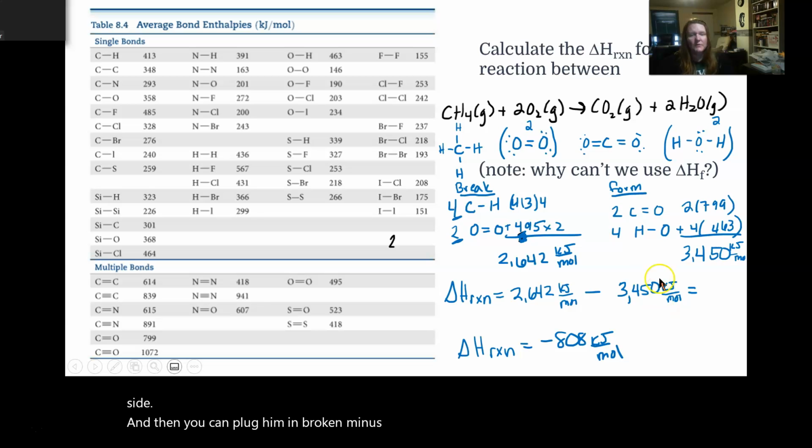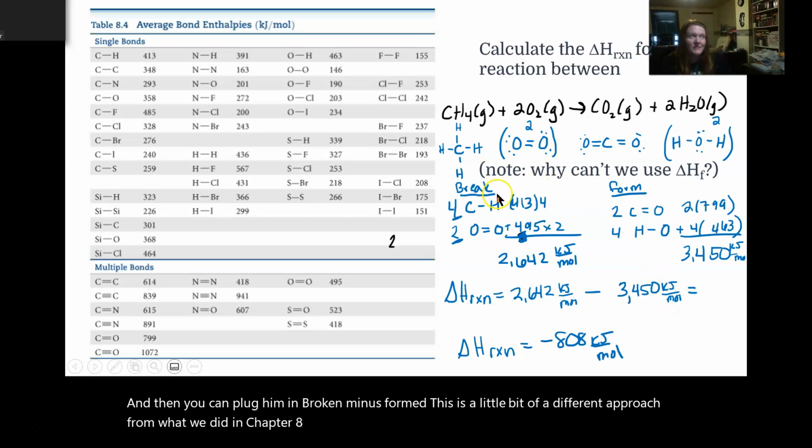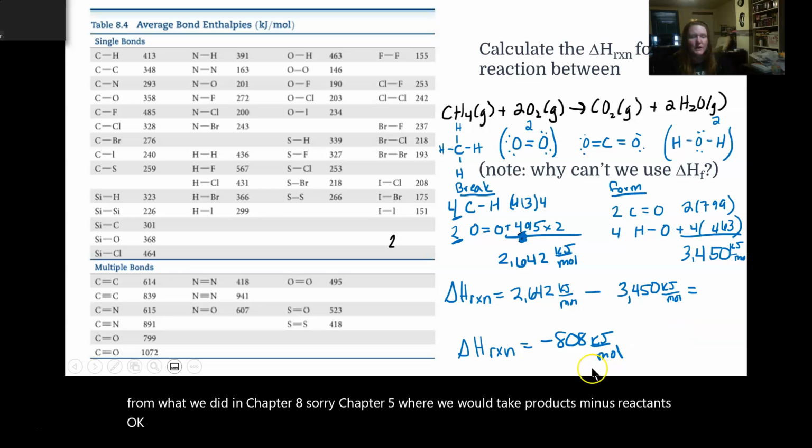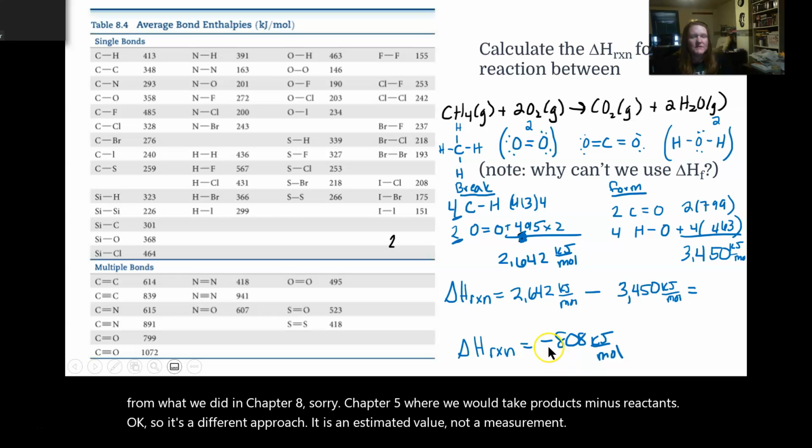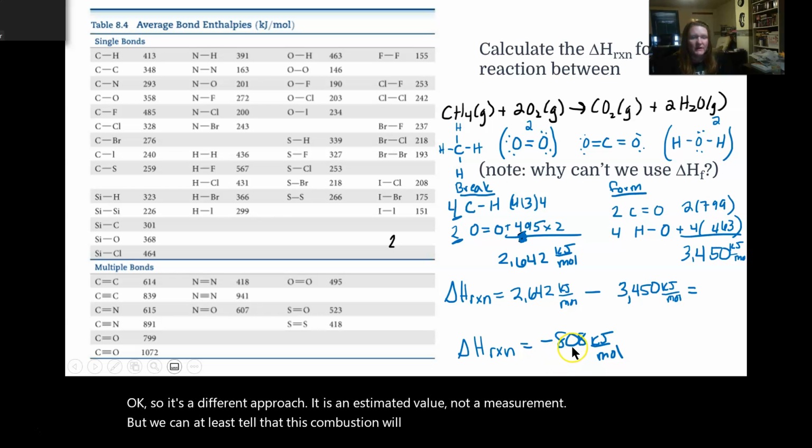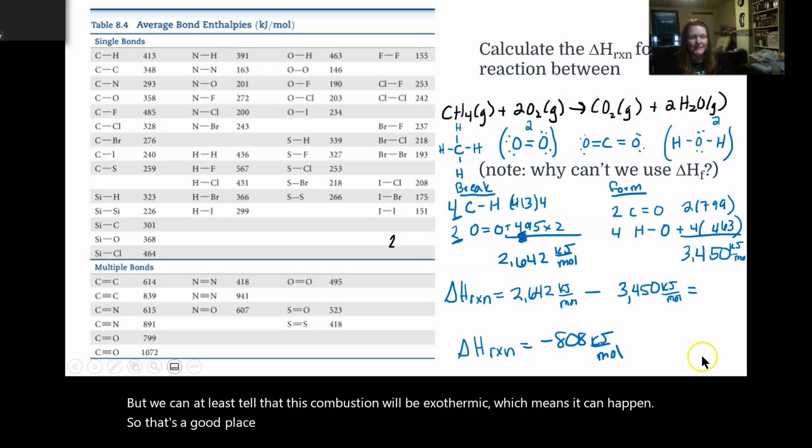This is a little bit of a different approach from what we did in chapter 5, where we would take products minus reactants. Okay, so it's a different approach. It is an estimated value, not a measurement, but we can at least tell that this combustion will be exothermic, which means it can happen. So that's a good place to start. Okay.